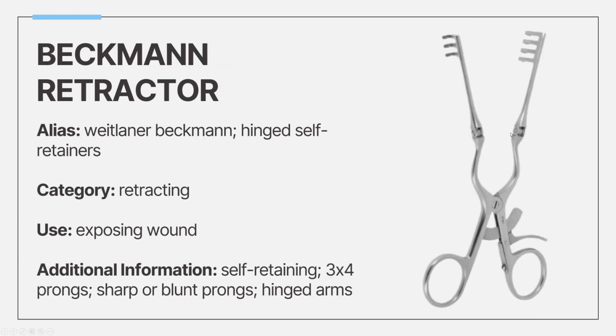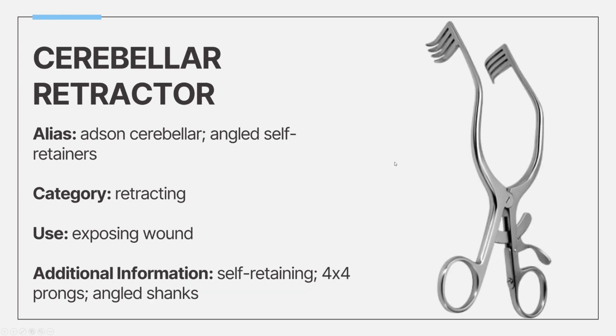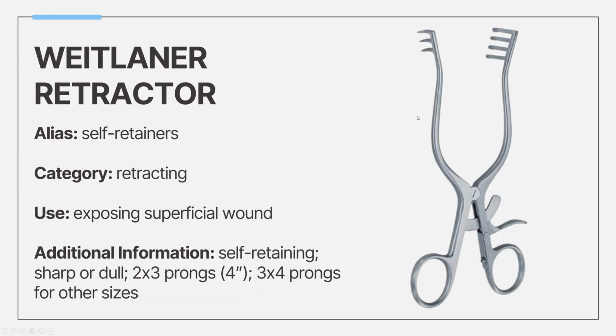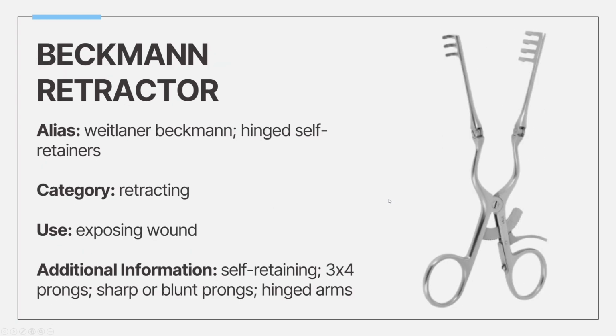And this one is the Beckman retractor, which is hinged, as you can see. So if a nurse were to call you asking for a self-retainer, you would have to ask them if they want an articulated or hinged self-retractor, or a non-hinged one. Honestly, there's not much difference to them, but sometimes it does matter to them.